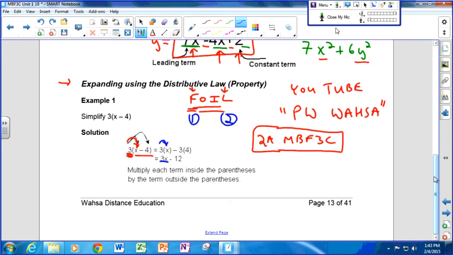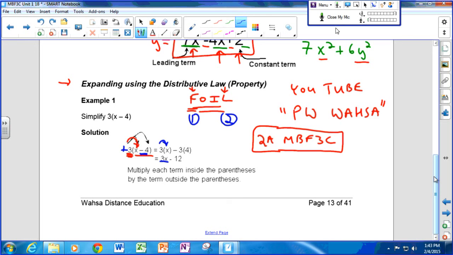Now, here's where things get a little tricky, because the expression that we're multiplying includes the sign in front of it. We got away with it with the x because it's a positive value. But for the second one, the -4, we need to take care of the sign first. If it doesn't say anything, it means it's positive. So what we have here is +3 times -4.